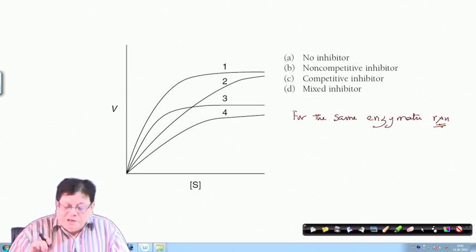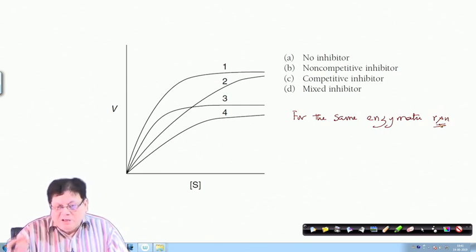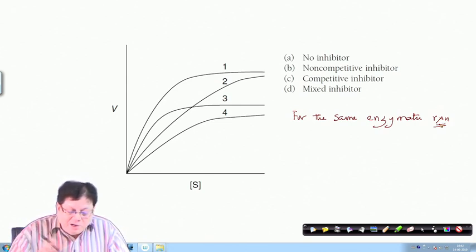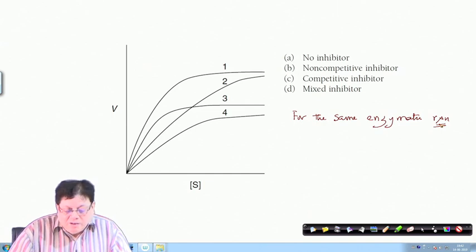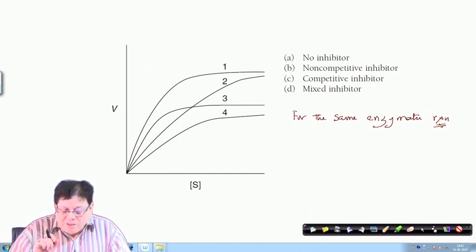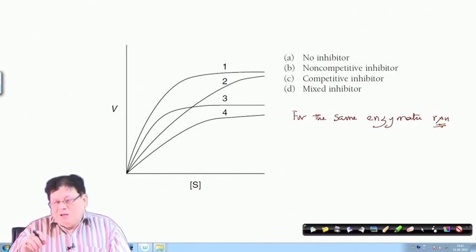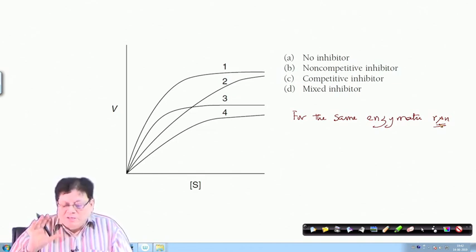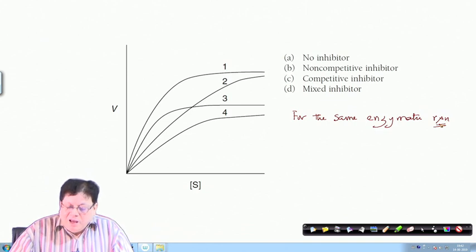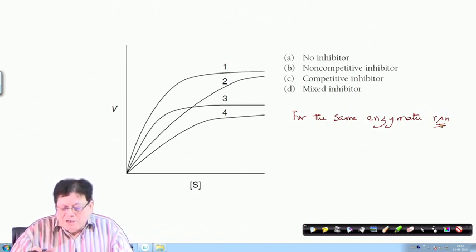Then another experiment was done using a competitive inhibitor, and you have the corresponding graph. And the fourth one is a mixed inhibitor. So, all these 4 conditions are given: no inhibitor, non-competitive, competitive, and mixed inhibitor.